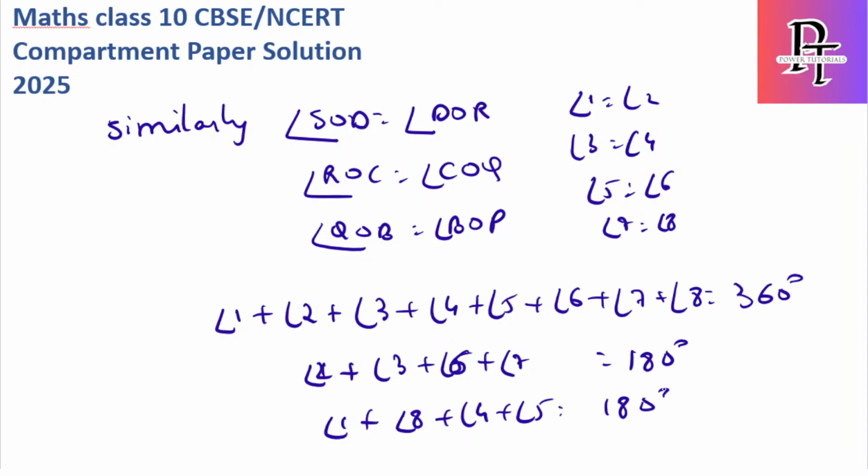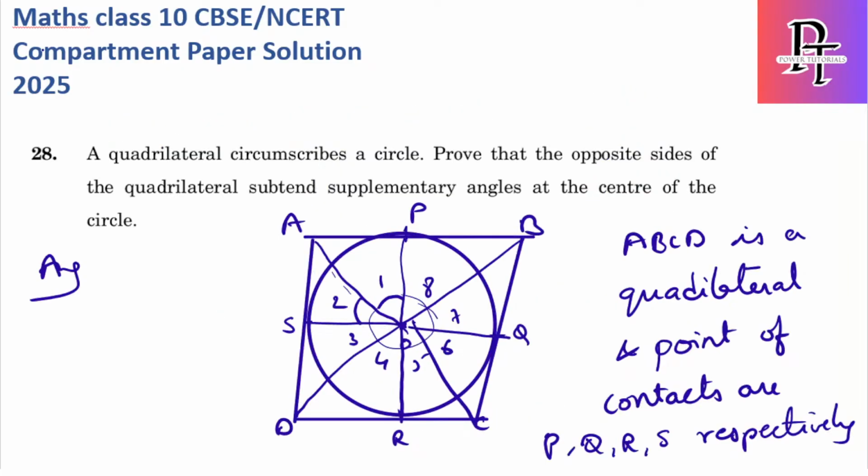If I write it clearly, you can use your pencil and mark this angle plus this angle. They are supplementary, because the sum of angles from the opposite sides at the center is equal to 180 degrees, hence they are supplementary.